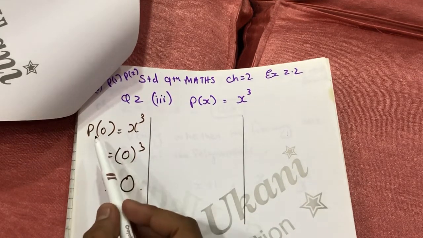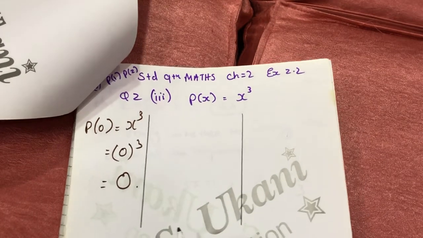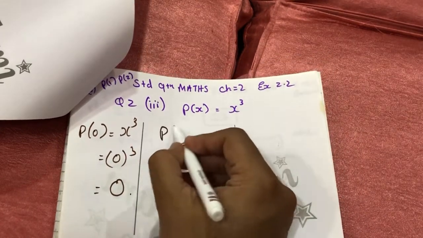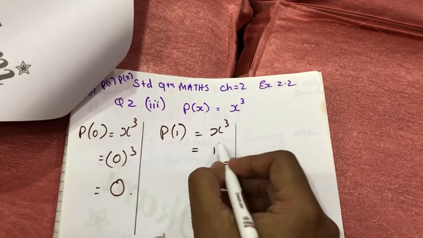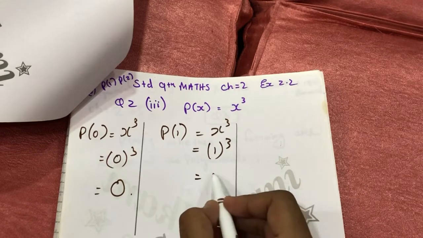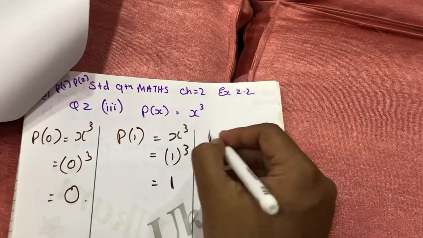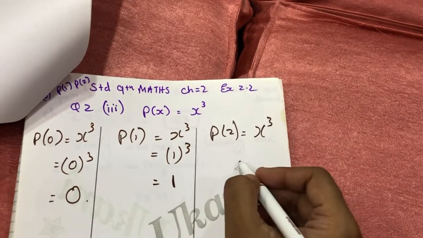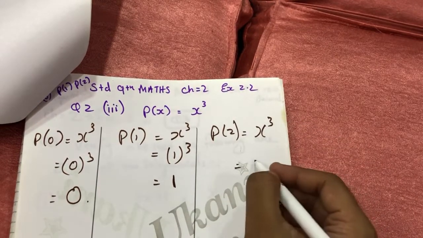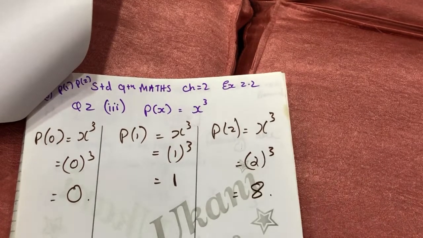So when we put the value 0 in variable x, our answer will be 0. Again here now we will put 1, so our answer will be 1. And here we will put p(2) in x cube. So 2 cube will be our answer, 8.